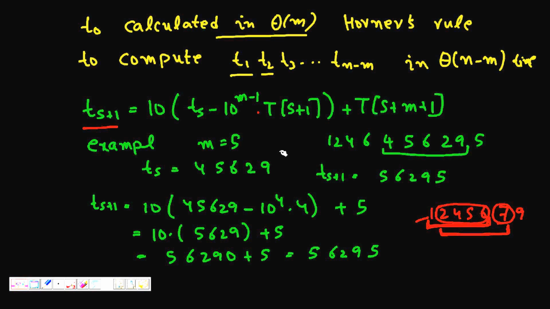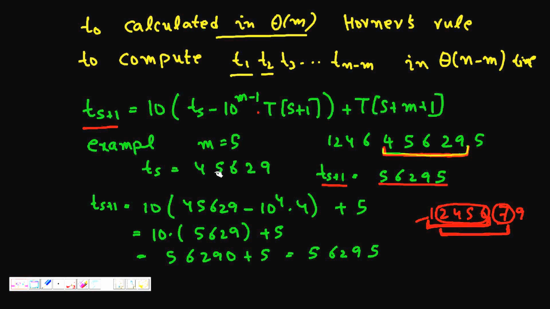It's a big formula. For example, if we have this text, and our window is at this part, 45,629, then ts plus 1 is 56,295. How do we get ts plus 1 from this?